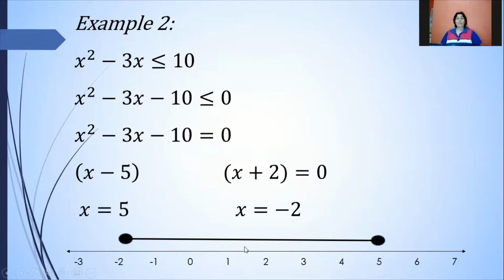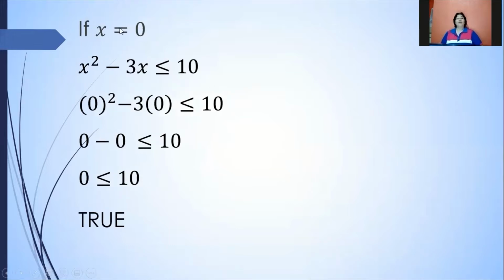How about the values between -2 and 5? Let us assign a value. Any value, -1, 0, 1, 2, 3, 4 can be used. Okay, let us use 0. If x is equal to 0, we have to substitute into the quadratic inequality. X squared minus 3x is less than or equal to 10. 0 squared minus 3 times 0 is less than or equal to 10.